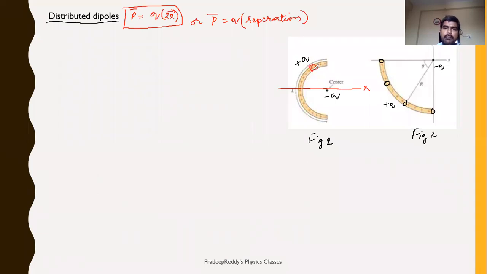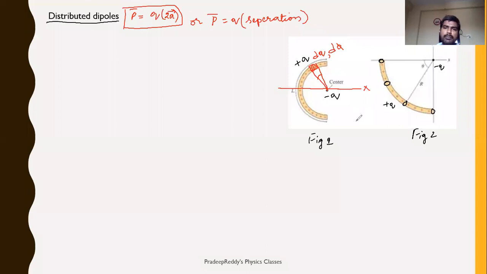This element has a positive charge dq. Now this dq subtends some angle, which I am considering as d phi.